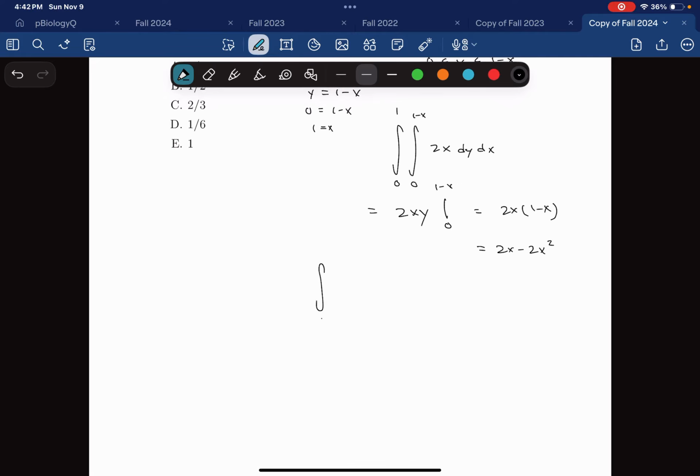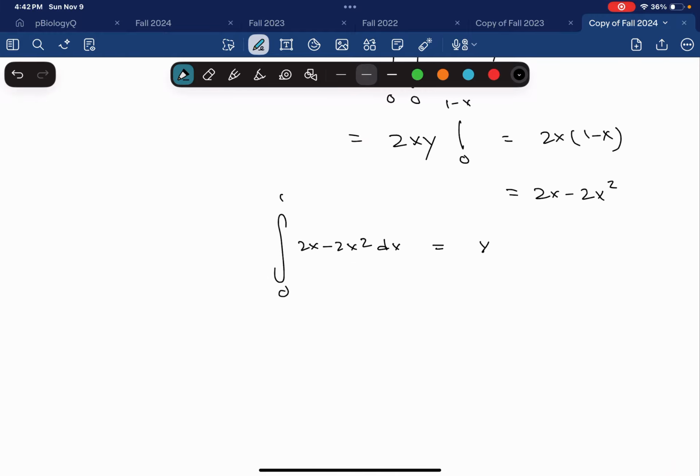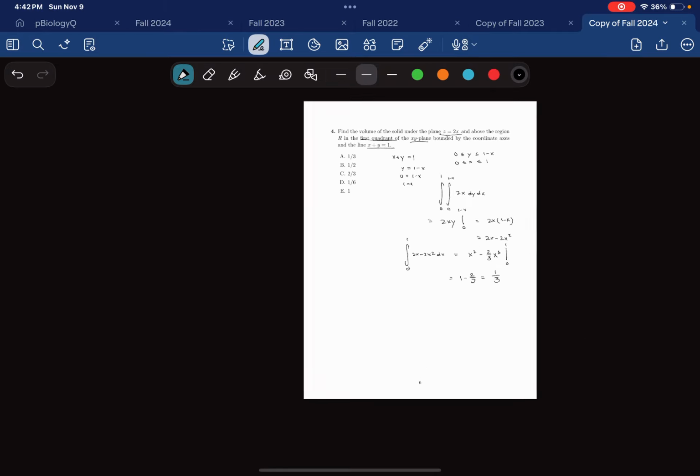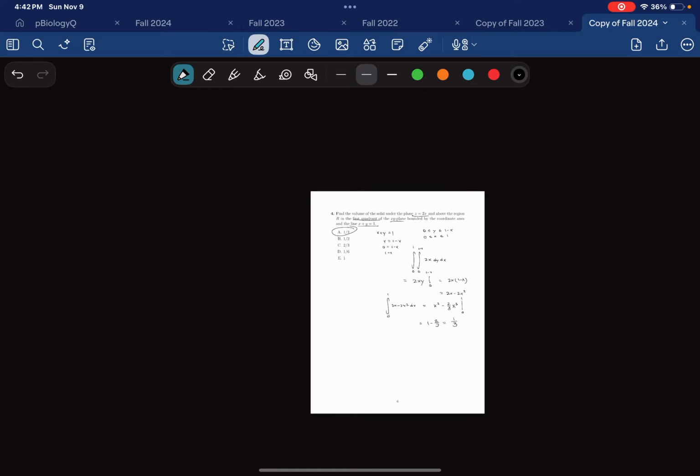And once you do that, 0 to 1, 2x minus 2x squared dx is just equal to x squared minus 2 over 3 x cubed. So from 0 to 1, you get 1 minus 2/3, which is equal to just 1/3. And 1/3 is your answer.